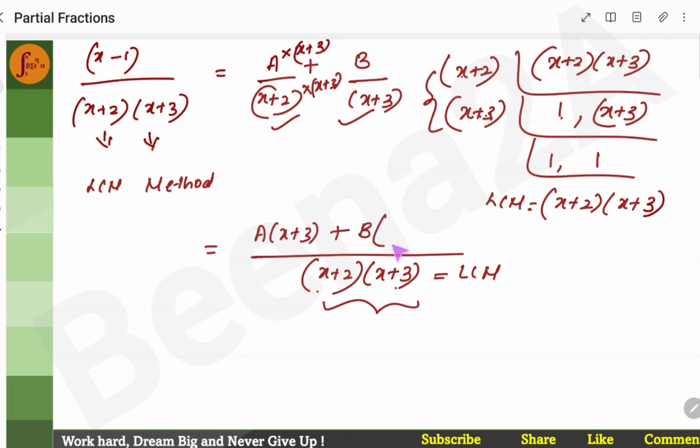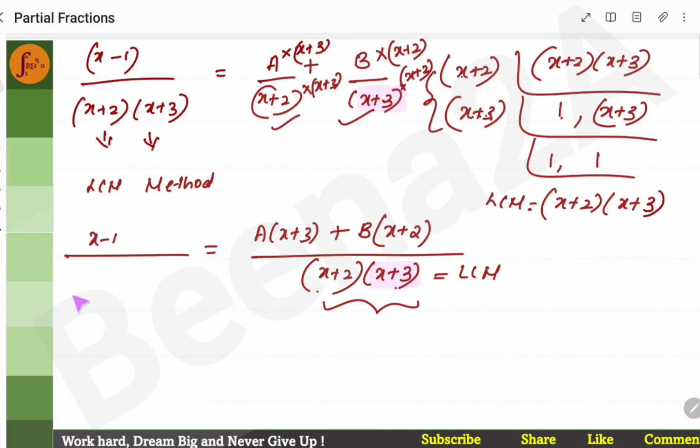Now, what should I multiply with this denominator so that I get this LCM? I have x plus 3 already. Now I need x plus 2, right? So I'll multiply b, the numerator, with x plus 2. So B into x plus 2.